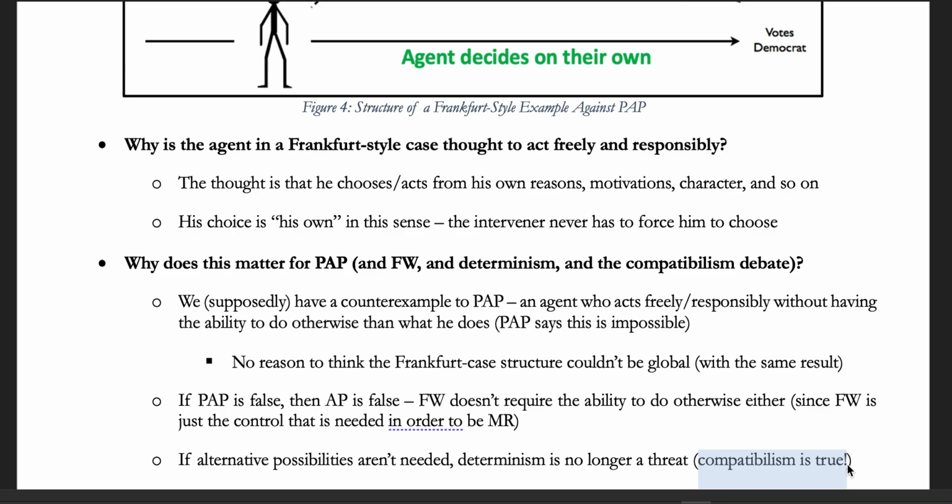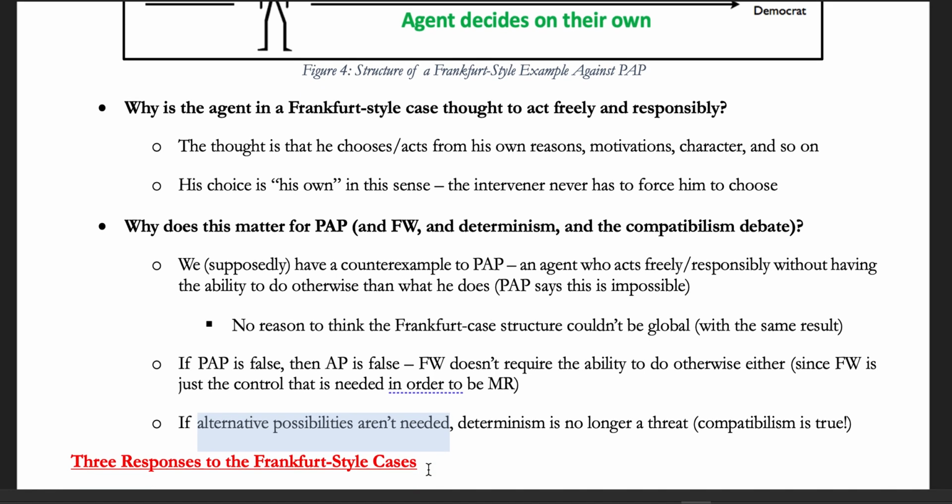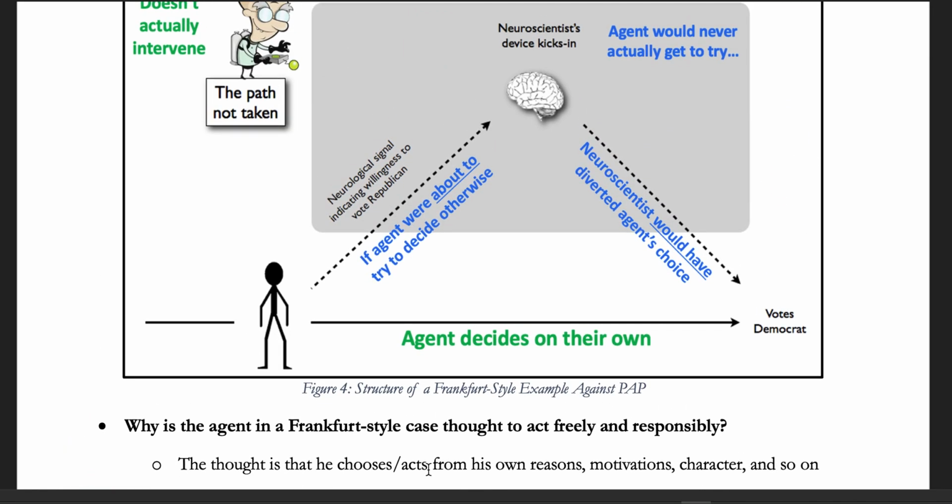Compatibilism says that free will and moral responsibility can still exist in a deterministic world. They're not inconsistent. And if they're not inconsistent, then we just don't have to worry about the truth of determinism. Determinism by itself is not going to rule out freedom and responsibility if alternative possibilities aren't needed. That's the upshot.